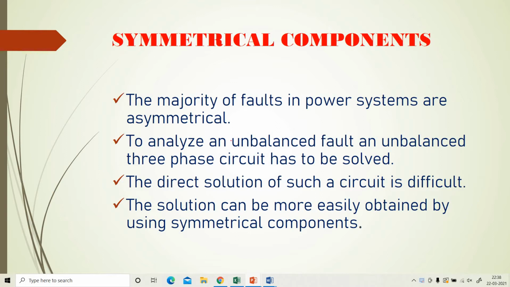To analyze an unbalanced fault, an unbalanced three-phase circuit has to be solved. The direct solution of such a circuit is difficult and also tedious and time-consuming. The solution can be more easily obtained by using symmetrical component. That's why we go for symmetrical component.